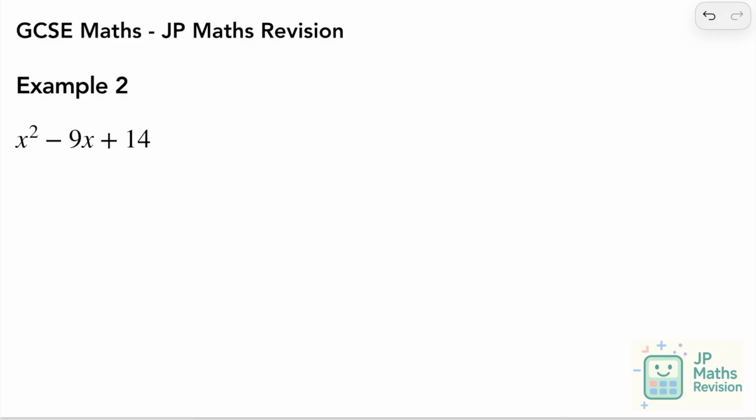So for this question, we need to think of two numbers that multiply to this number on the end and add to this number in the middle. The two numbers need to multiply to 14 and add to make minus 9. If we go through the factors of 14, we have 1 and 14, we have 2 and 7. There's nothing that I can do to 1 and 14 to get to minus 9.